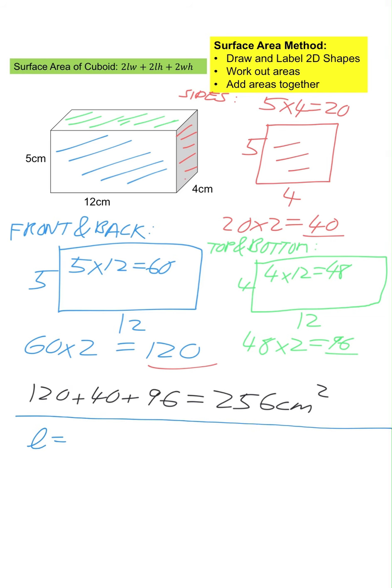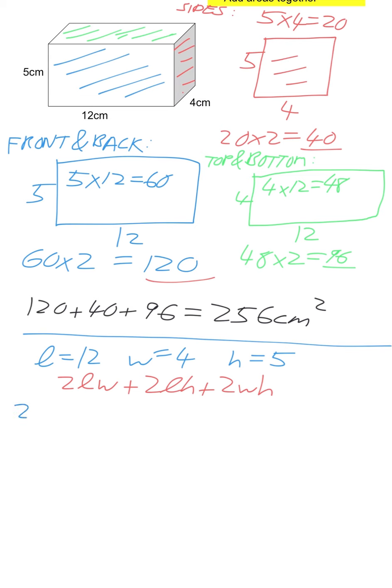let me just separate it here. The length is 12. Our width then is 4, and the height is 5. So our formula then, 2 length by width, plus 2 length by height, plus 2 width by height.